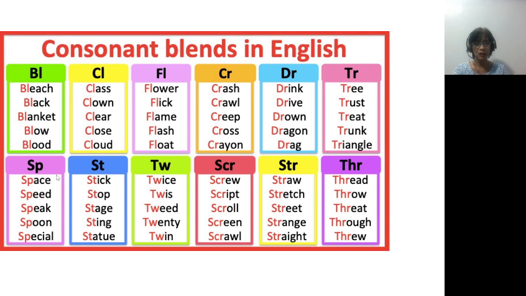We have the SP sound in space, speed, speak, spoon, special. We have ST: stick, stop, stage, sting, and statue. You have the TW sound: twice, twist, tweed, twin. You have SCR: screw, script, scroll, screen.